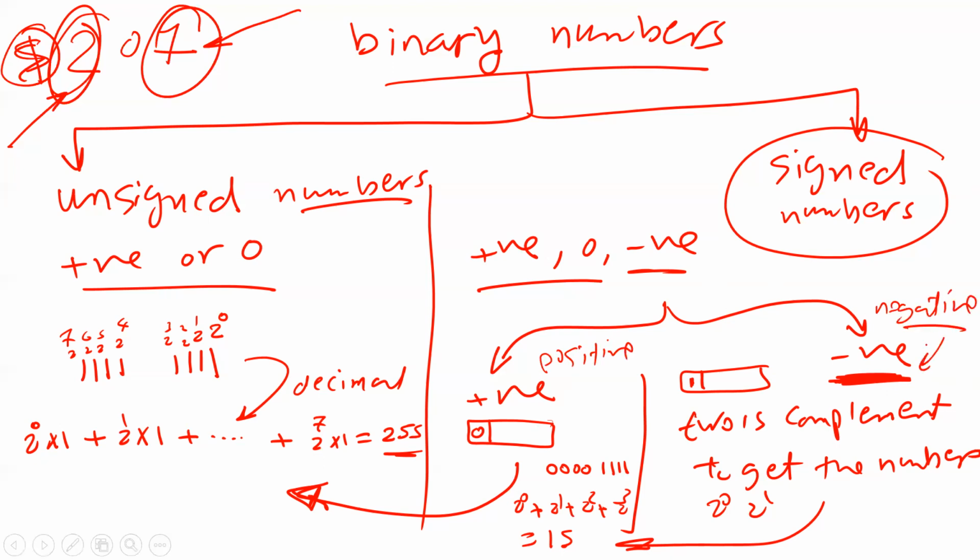So if I give you a number and I tell you this number is signed, number one, you have to see if it is positive or negative. So how can you know, if I give you a binary number, whether this number is positive or negative? I'm going to tell you how. You have to look at the last bit on the left, this one here.